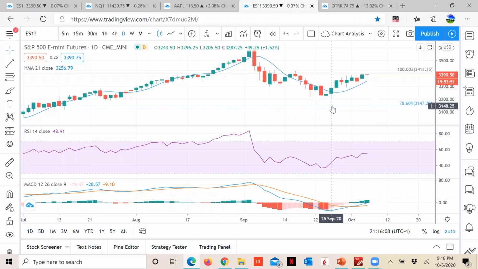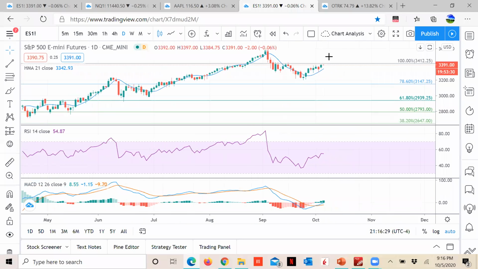The support for this was 3147 and the resistance is 3412. Generally, support is a good entry point and resistance is a good exit point. Right? So that was Fibonacci retracement.